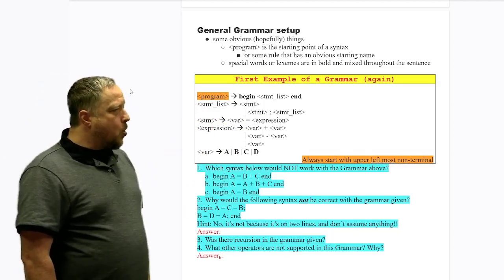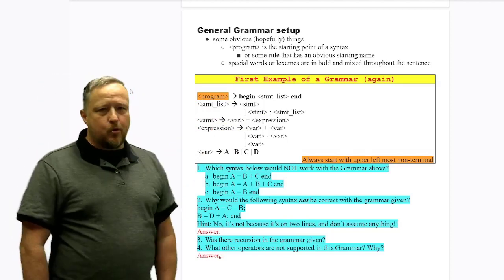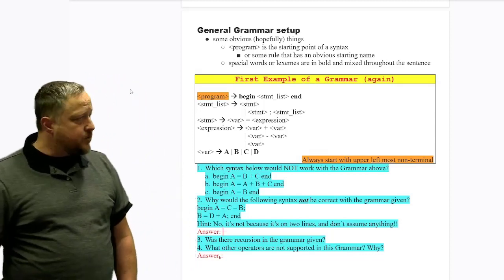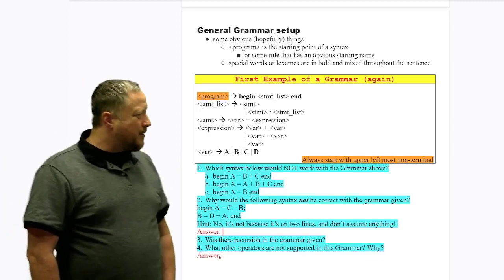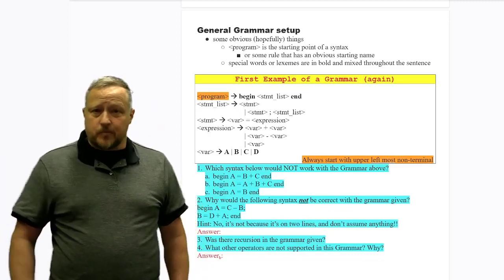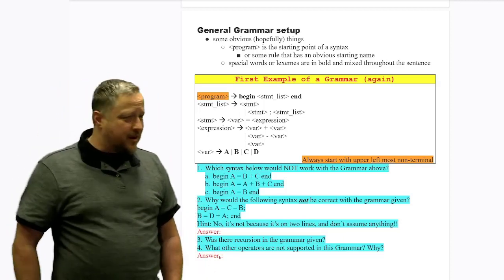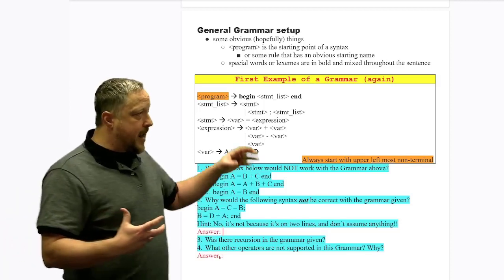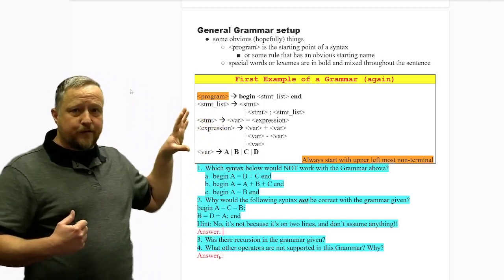Number four is, what other operators are not supported in this grammar and why? Well, notice we didn't have parentheses, we didn't have multiplication, we didn't have division. And the reason is, frankly, please excuse my dear Aunt Sally, or PEMDAS, that requires order of operations. And right now, this grammar is definitely not ready for that.